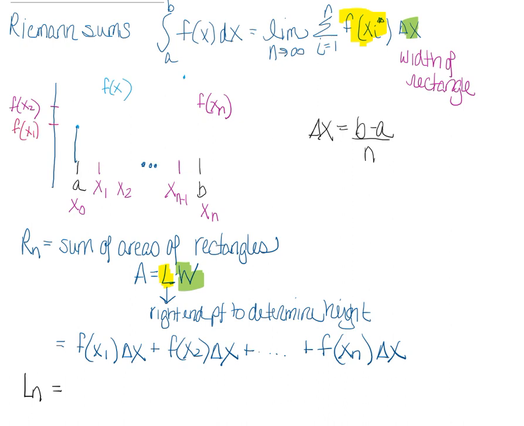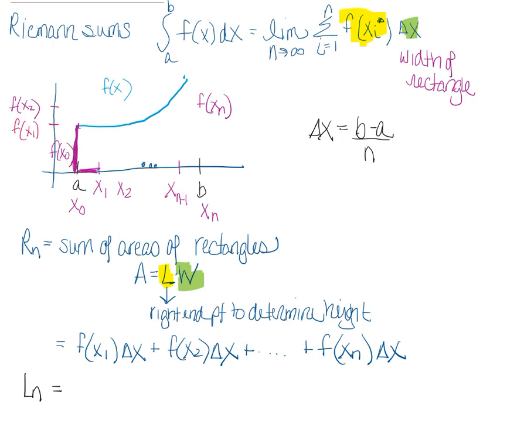There we go. All right, now if we use the left endpoints, that means for the first interval, between x naught and x1, f of A is our height, which is f at, we'll say, x naught. That's the height.